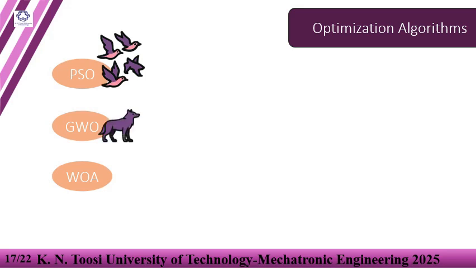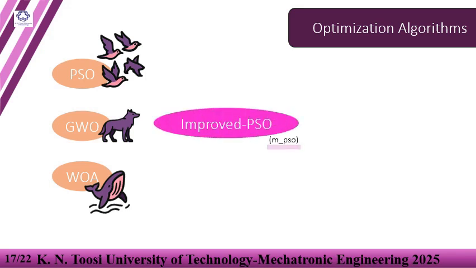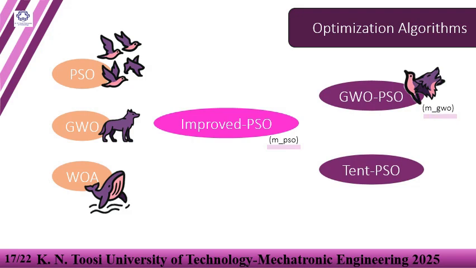Grey Wolf Optimizer: GWO is inspired by the hunting behavior of grey wolves. Whale Optimization Algorithm: this method copies the way whales hunt with bubbles. Improved PSO: here the values omega and C change during the runs. GWO and PSO: this method mixes the PSO with the GWO. Tent PSO: this method is PSO with the tent chaotic map.